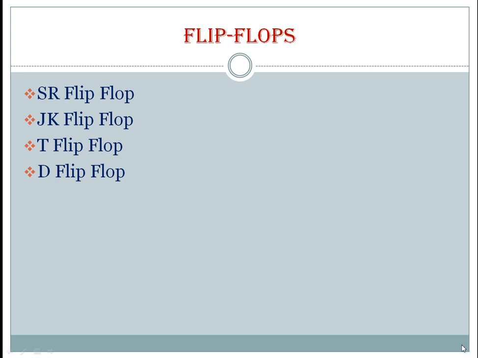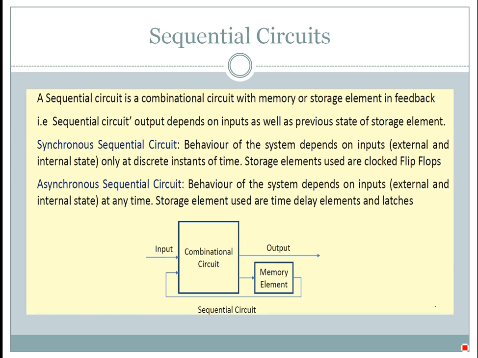But a sequential circuit is a combinational circuit with a memory or storage element in feedback. That is, the sequential circuit output depends on the inputs as well as the previous state of the storage element.